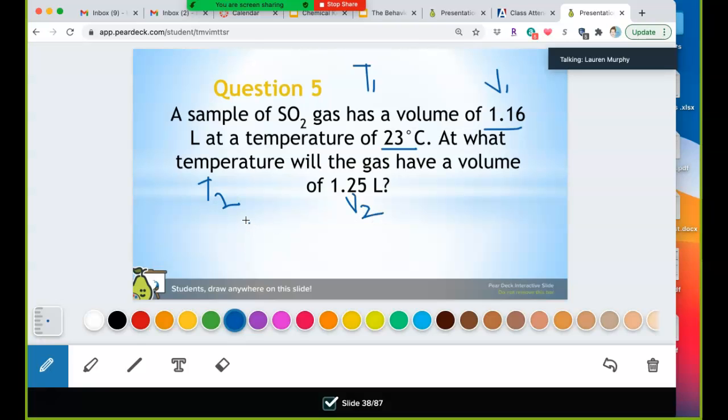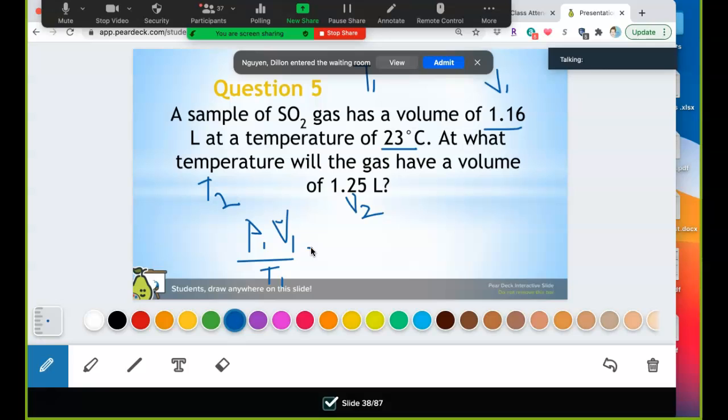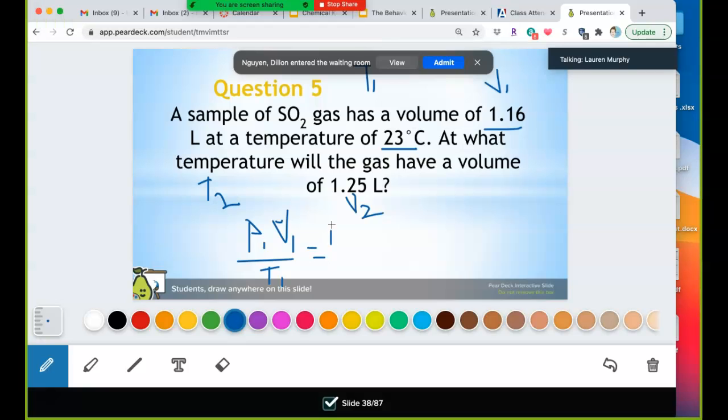So again, if you remember combined gas law, P1 V1 over T1 equals P2 V2 over T2.